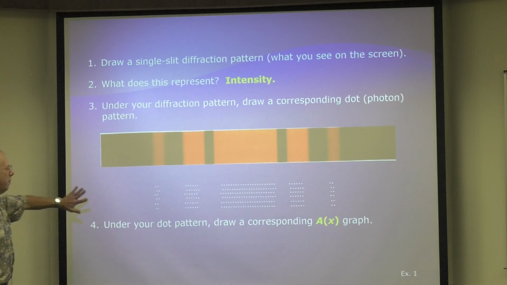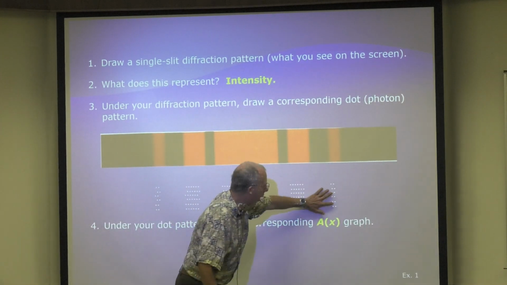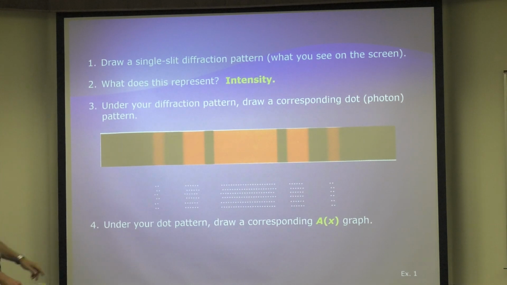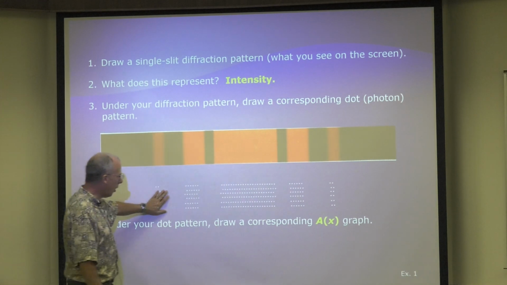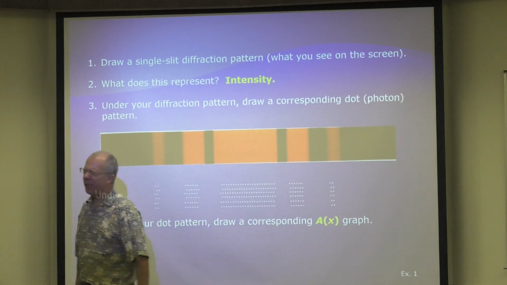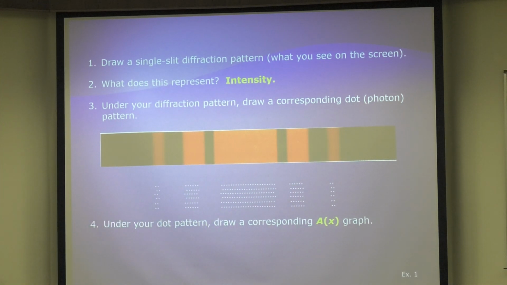All right, so this is the particle, right? The photon, the particle model, just dots on the screen. But remember, the particle is proportional to the wave, or related to it. So under your dot pattern, draw some kind of an AX graph. And there's not just one answer, okay?